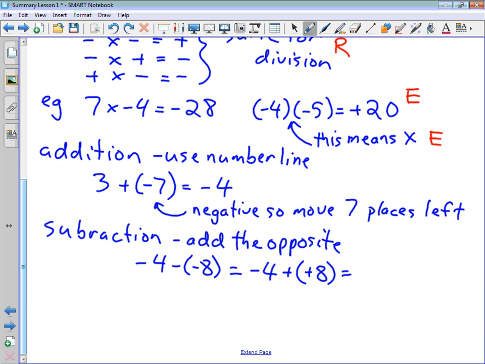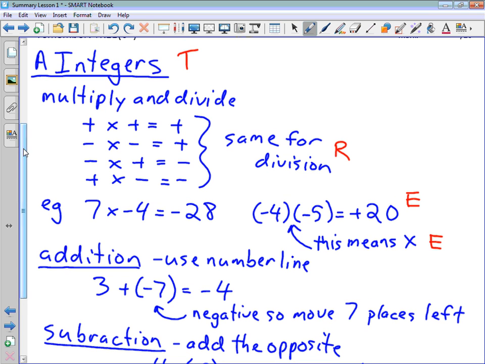And I would then move 8 spots to the right from negative 4, and so I would end up with 4. Okay. And to make this a little neater, maybe I'll underline each of my subtopics here. That'll just keep things a little bit more organized.